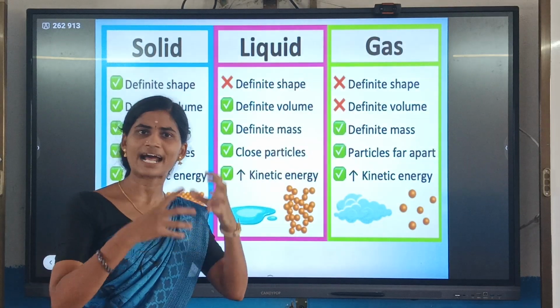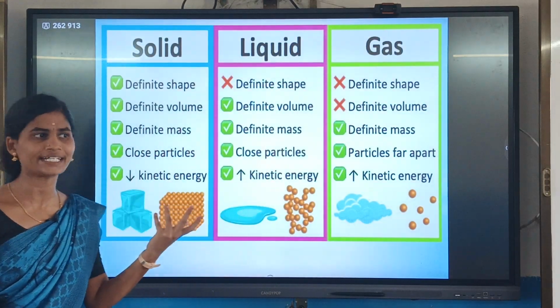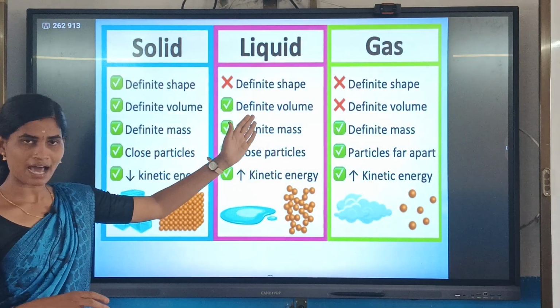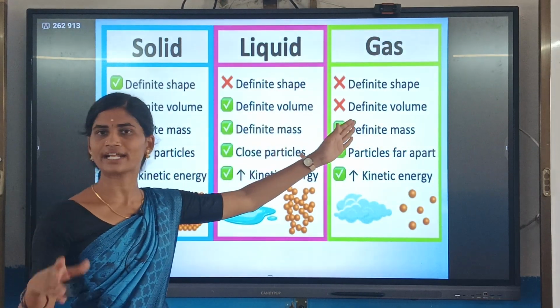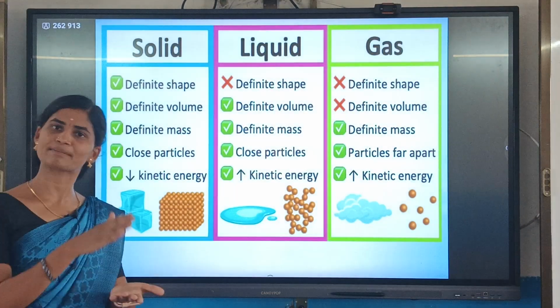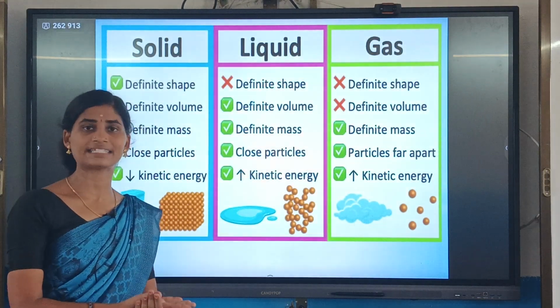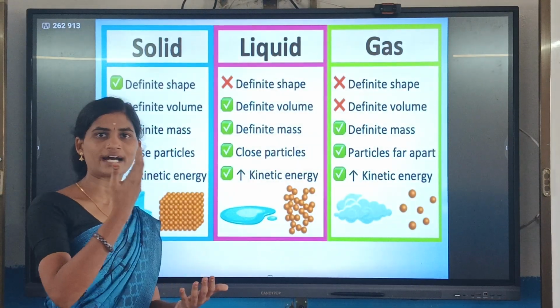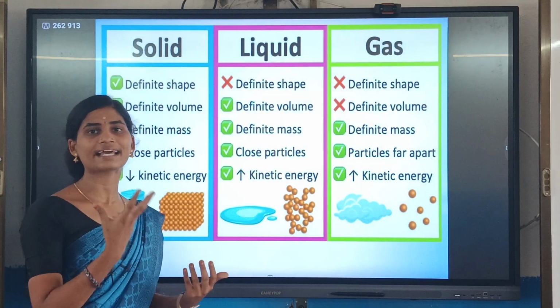A gas is randomly moving and does not have any definite shape. For volume, solids and liquids have a definite volume, but a gas has no definite volume. If we compress a gas, it may change its state to a liquid, like LPG, and for a solid, dry ice.